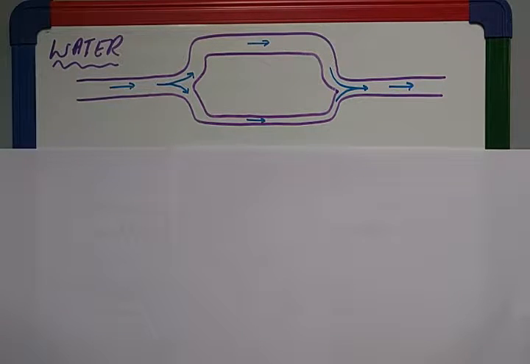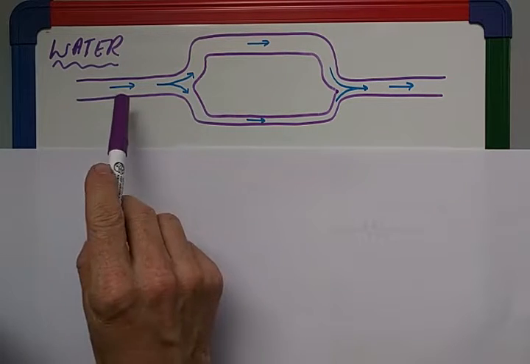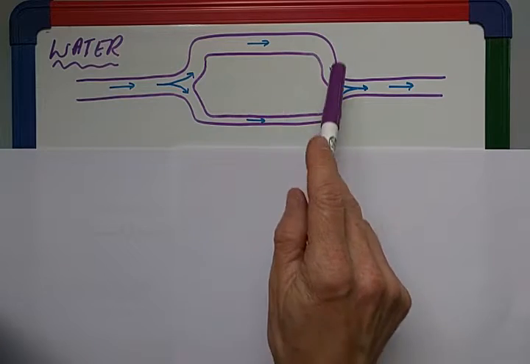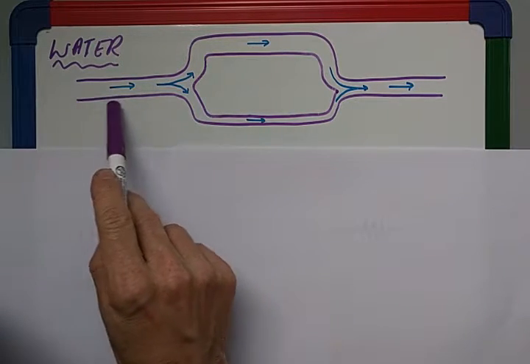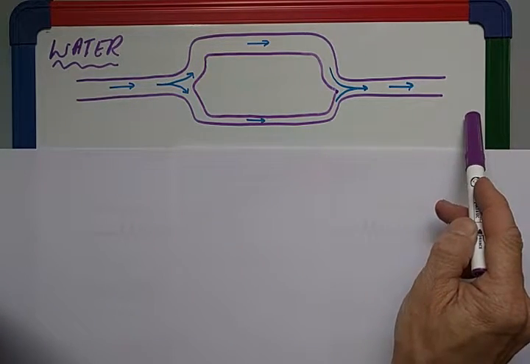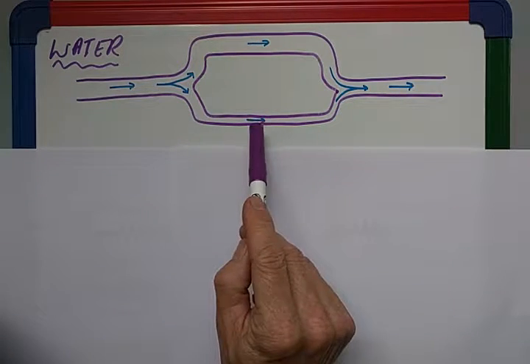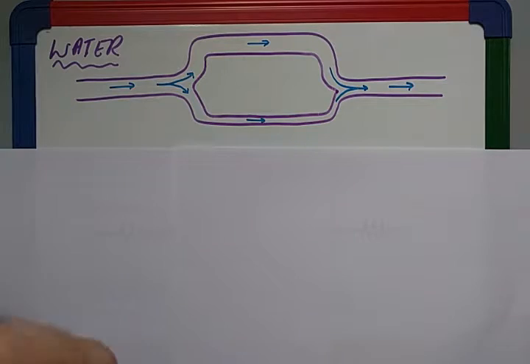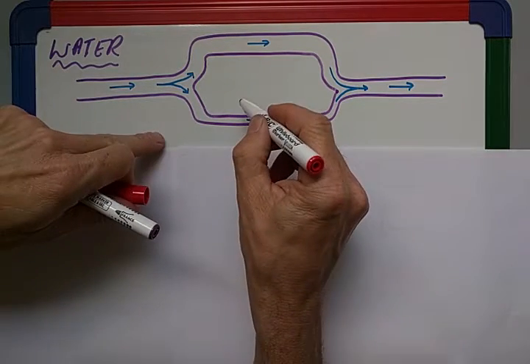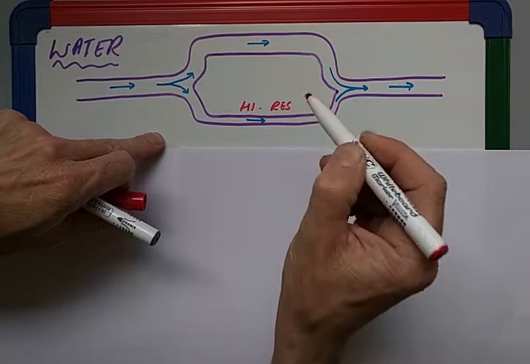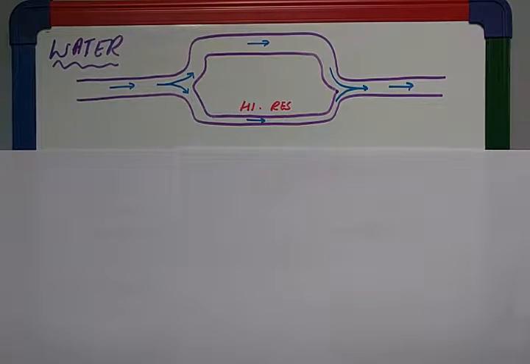So let's compare the water system with the electrical system and see what the comparison is. Here we've got a single pipe, splits into 2, back into 1, thick pipe coming in, thick pipe going out, but here where it splits we've got a thick pipe and a thin pipe, and you know that through a thin pipe there's a high resistance. High resistance to flow because the pipe is narrow.